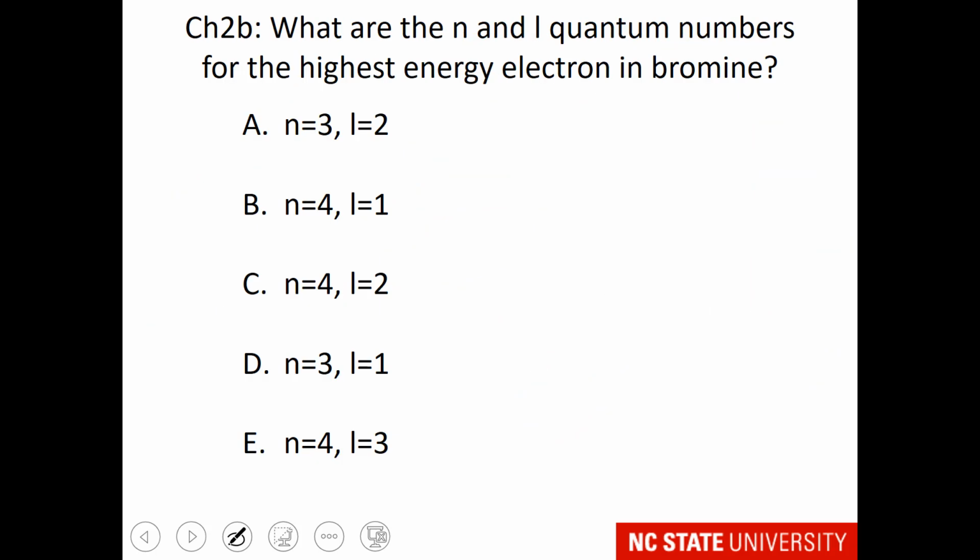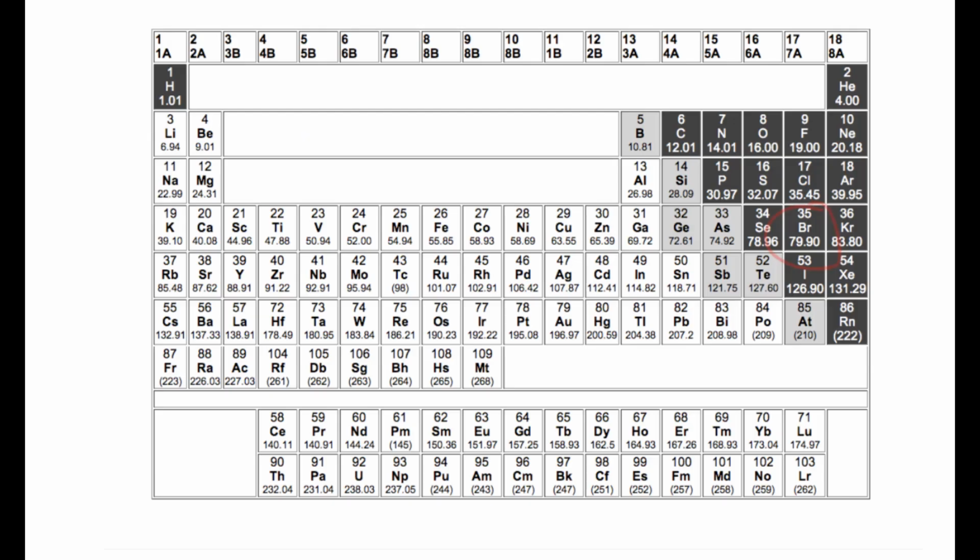Next one, what are the N and L quantum numbers for the highest energy electron in bromine? We'll need to consult the periodic table again. Here is our bromine at atomic number 35. We see that it's coming off row 4.